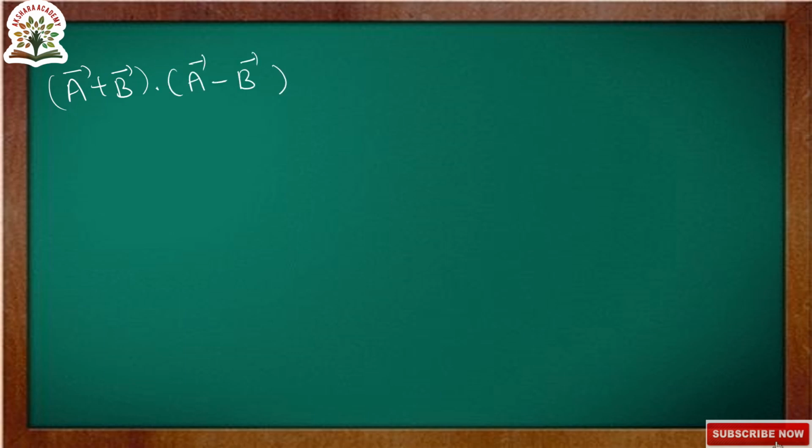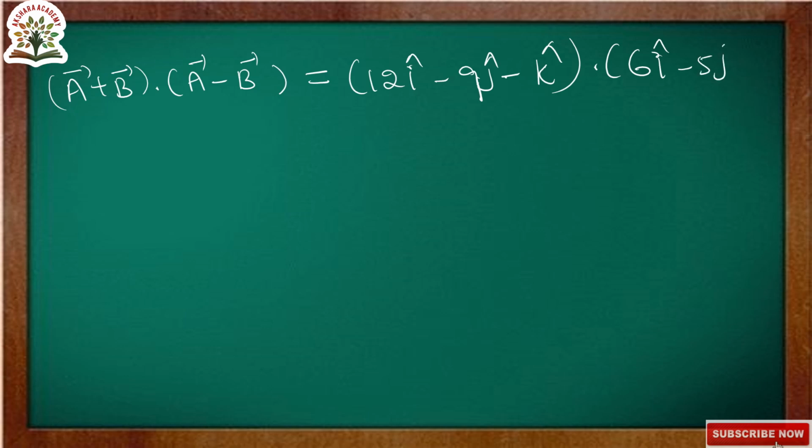Next, I dot I, J dot J and K dot K is equals to 1. Now we are doing 12 I cap minus 9 J cap minus K cap dot product of 6 I cap minus 5 J cap plus 11 K cap.